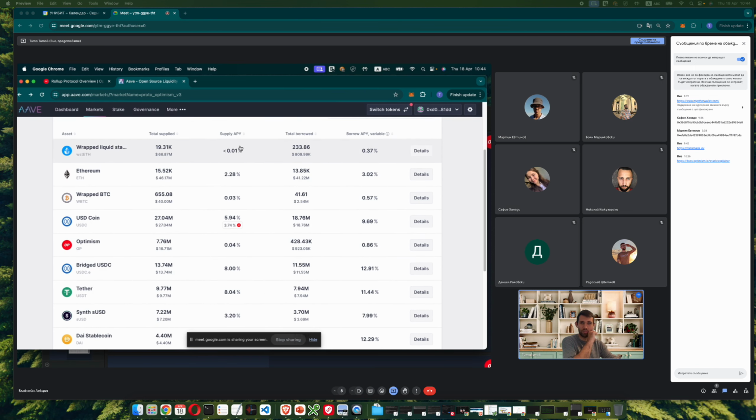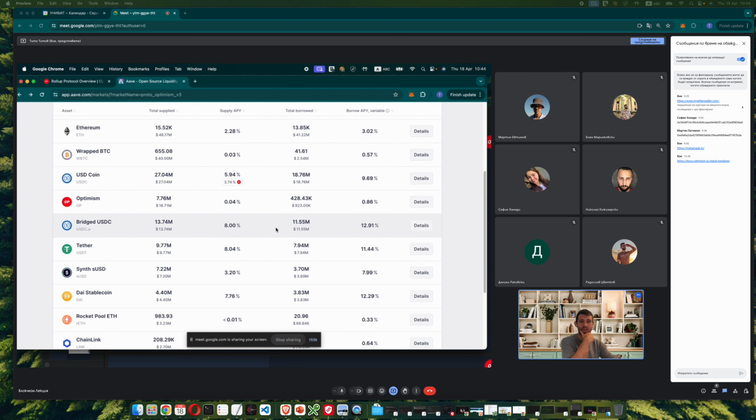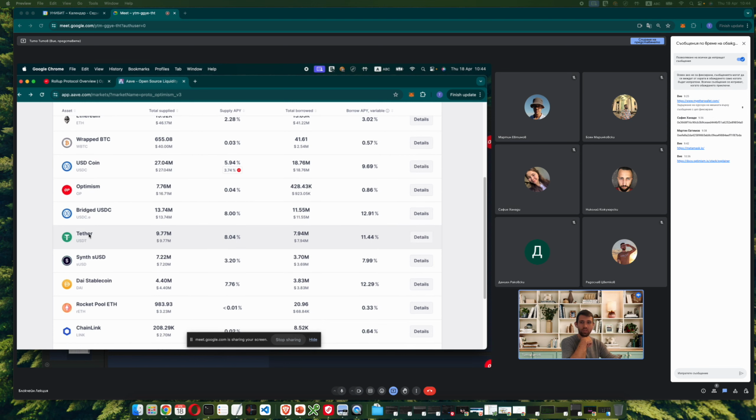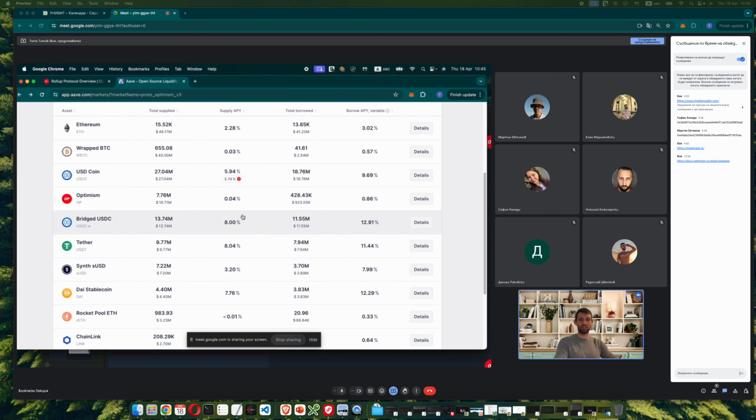And sorry, let me make some corrections. So the supply APY, so the money that you can make out of supplying, for USD is 6% and for Tether is 8%. I said 11, but 11 is the percentage that the borrowers are paying. So you can see the difference. If I supply, I take out of it 8%, but if someone tries to borrow, they should pay 12%.